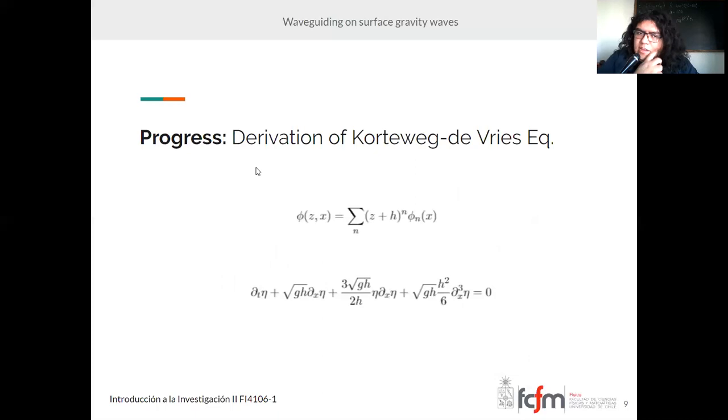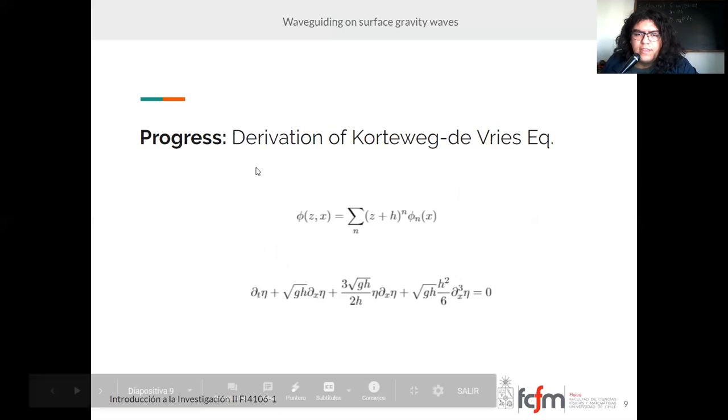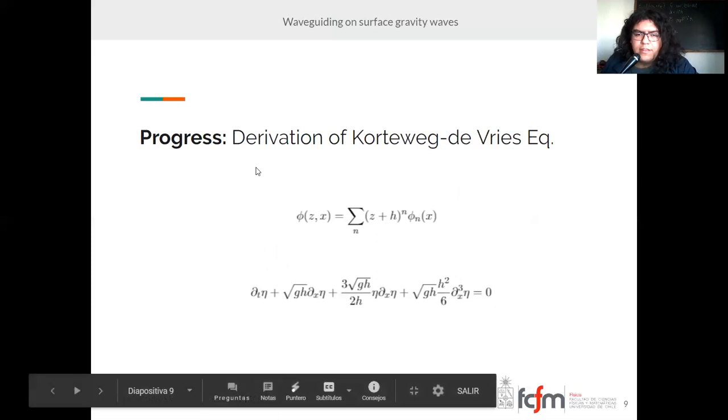So this is what I have done last week. I tried to understand the derivation of this equation, and for that reason, I guess this type of solution, which is a perturbative solution, and then after a lot of algebra and a lot of work and some approximations, we obtain this equation that is nonlinear.